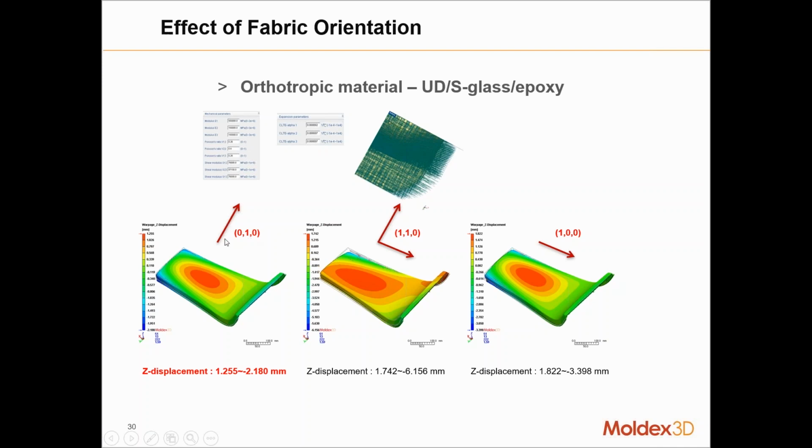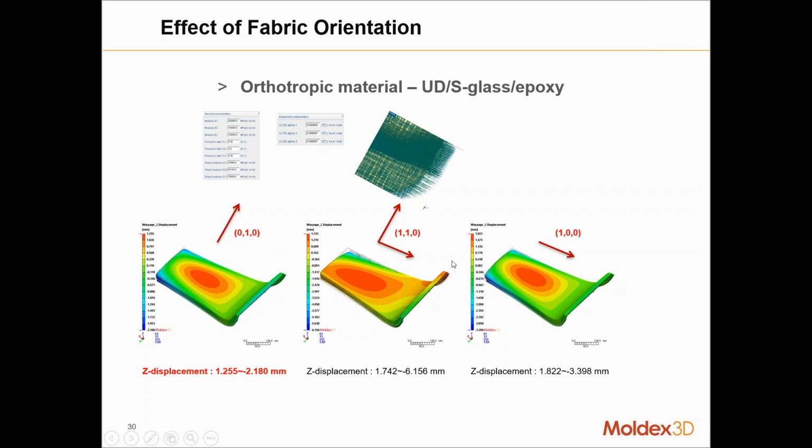So the 010 means the fiber is laid directly in the Y direction. So in this direction, the fiber is going in that direction, okay? Towards the Y, follow the arrow.